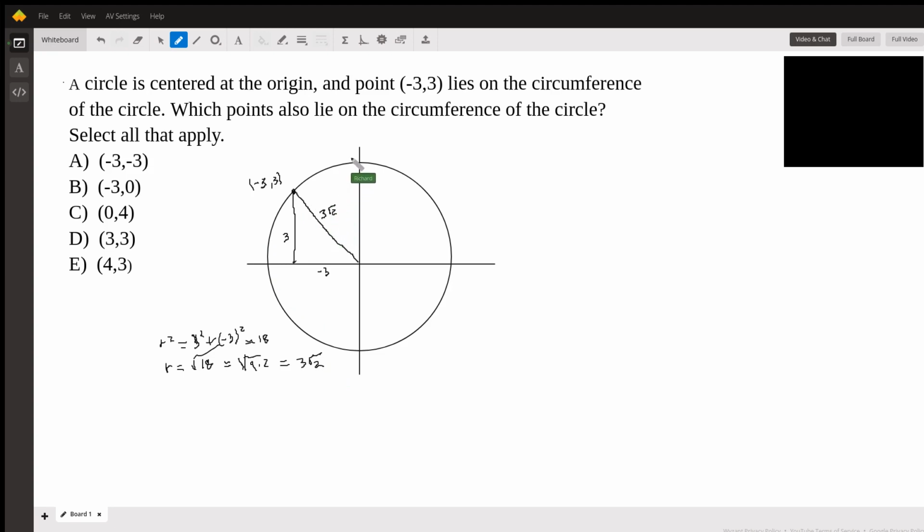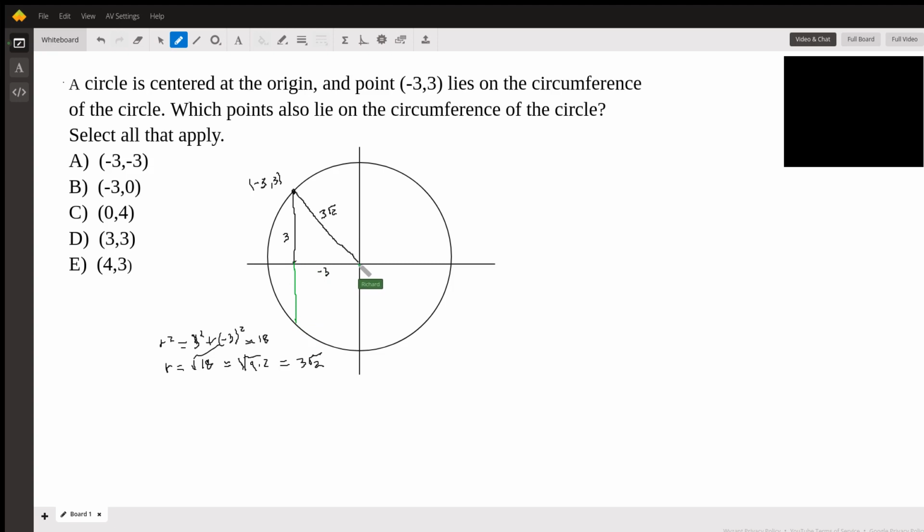Okay, so now we're going to look at some of the other points and see whether they work. We'll do this with another color so that we don't confuse things. -3, -3 is probably the next one, so let's look at that.